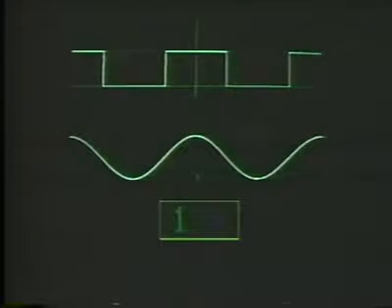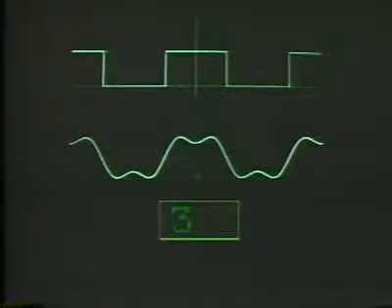Now, when we go to k equals 2, because of the fact that this is an odd harmonic function, in fact, the term for k equals 2 will have 0 amplitude, and so this won't change. Here we show the Fourier series with k equals 2, and there's no change. And then we will go to k equal to 3, and we will be adding then one additional sinusoidal term.